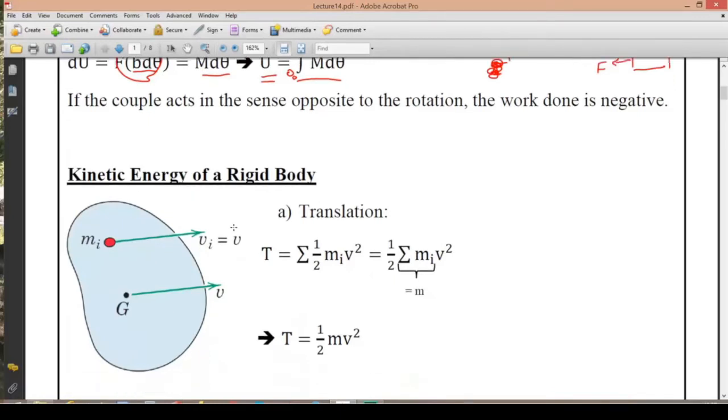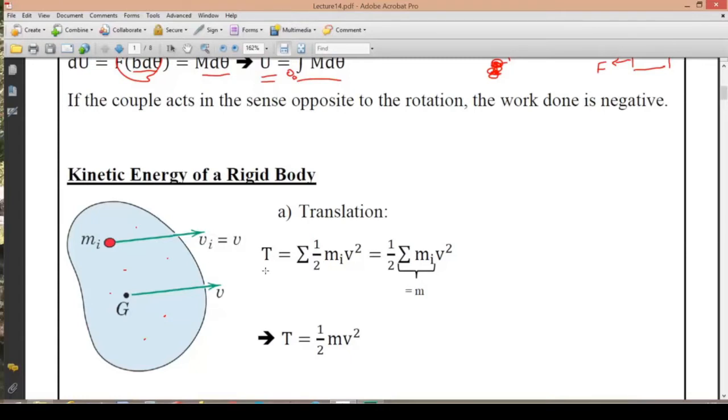If there's a pure translation, then at all the discrete points of this rigid body, if this is our assumption, it is composed of these discrete bodies, all of their velocities would be the same. If it is a pure translation, either curvilinear or rectilinear, it doesn't matter. It will be the same velocity.